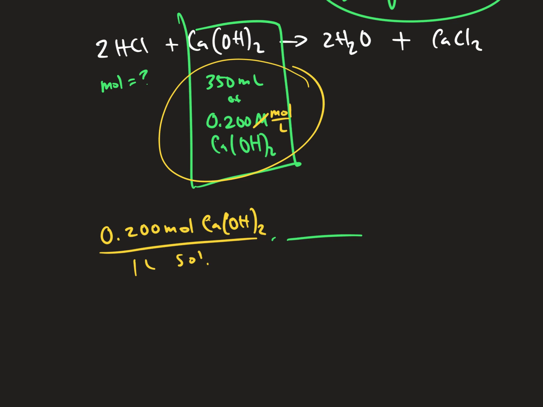Yeah, we got to go to milliliters, right? So 1 liter is the same as 1,000 milliliters. Liters goes away. Now we have milliliters, but we also have 350 milliliters, right? That goes away. And we're left with moles of calcium hydroxide.